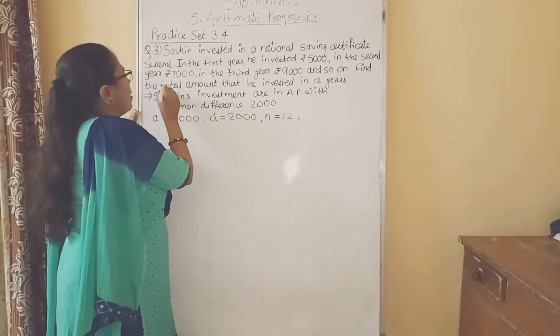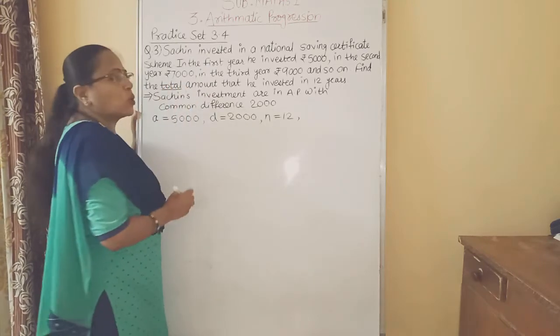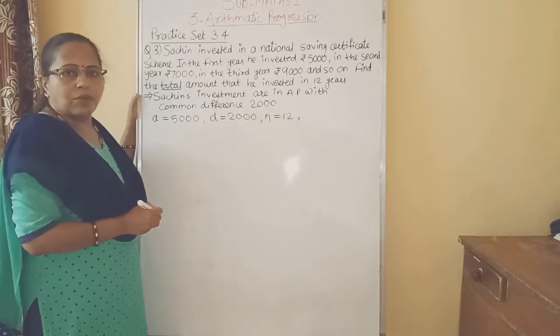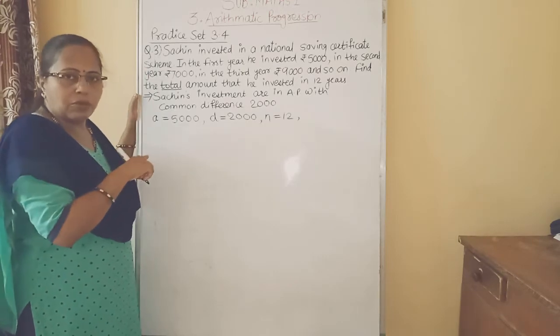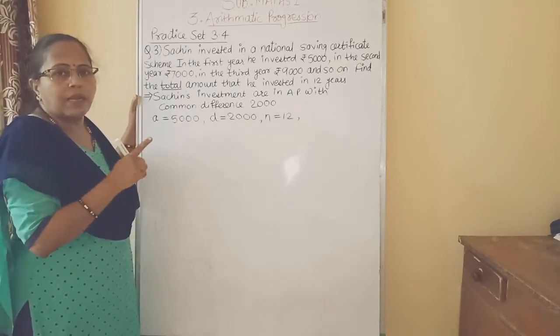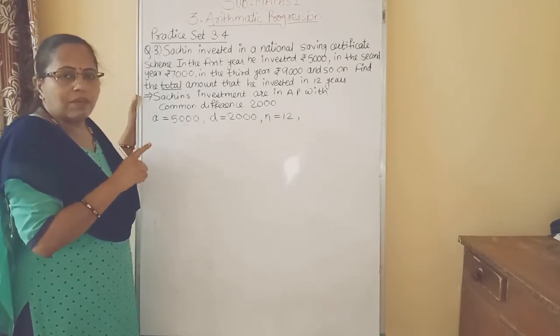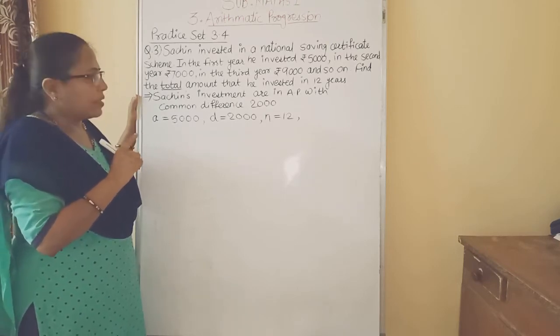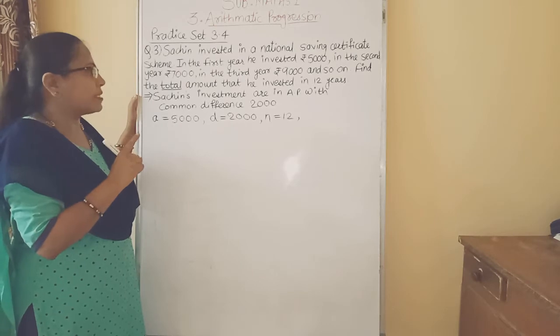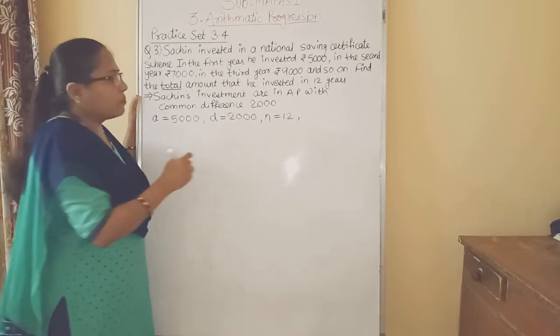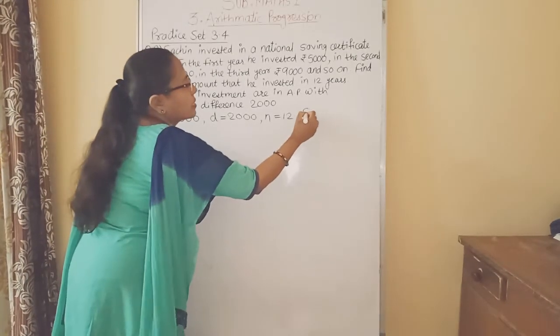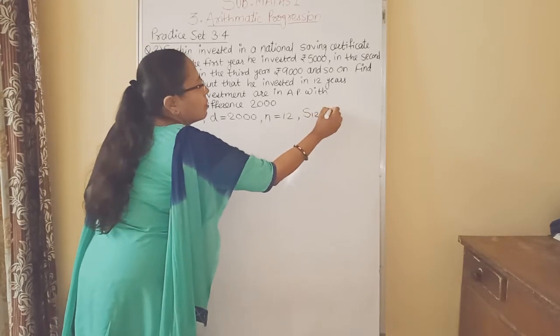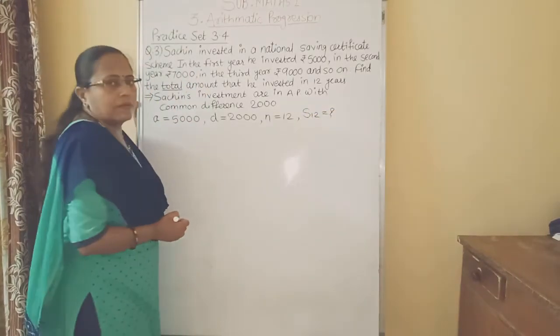So this word is important: total amount. As I told you in the first example also, if we want to find the total, then we have to apply the SN formula. Okay. Now here we have to find the total investment in 12 years, means we have to find S12 equal to question mark.